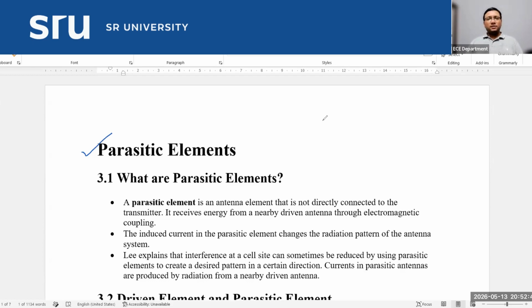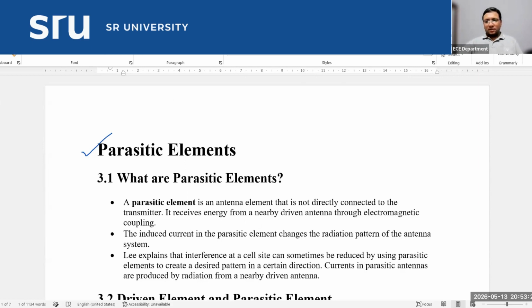Whatever we eat as food, they get nutrition from that. They don't directly get that food; what we eat, from that they get their nutrition. So this is the concept of parasites. Then how is this concept applicable to antennas? What are antenna parasitic elements? That we need to know.